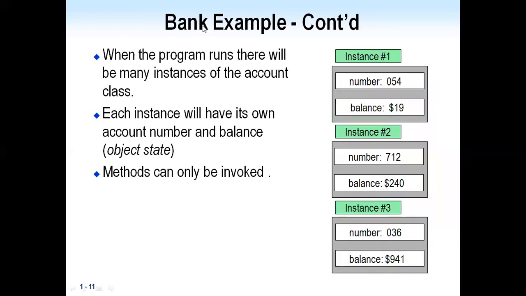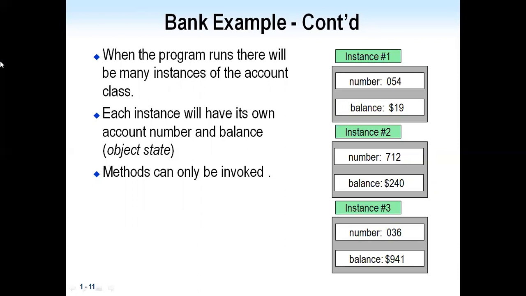For example, when a programmer runs the program, there will be an instance of the account class. Each instance will have its own account number and balance. Suppose we are creating objects, that is, creating instances. Each object has its own properties. Suppose the first instance, the first object, has its own account number and balance.